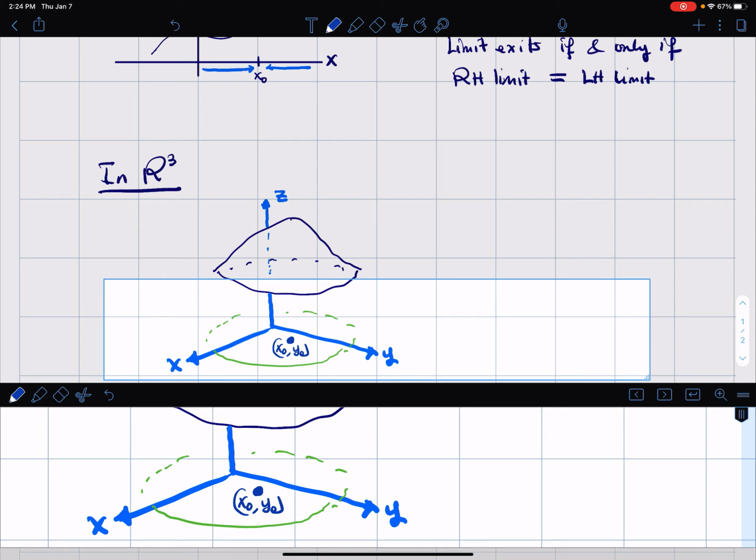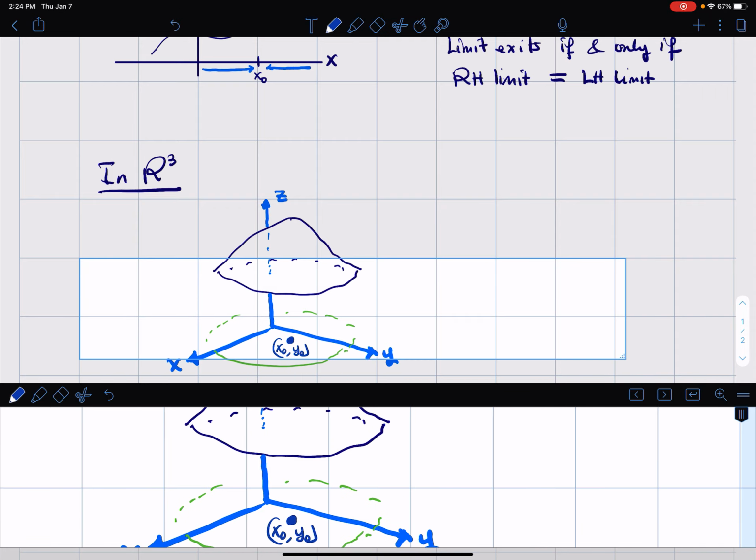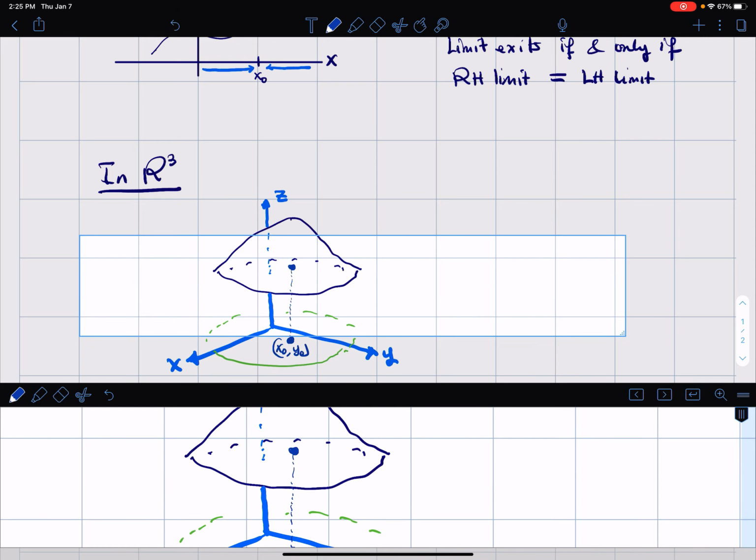Then let's try to see what the limit is or how the limit works. Okay, so assuming the value of this function at x naught, y naught is z naught, and this is z naught.